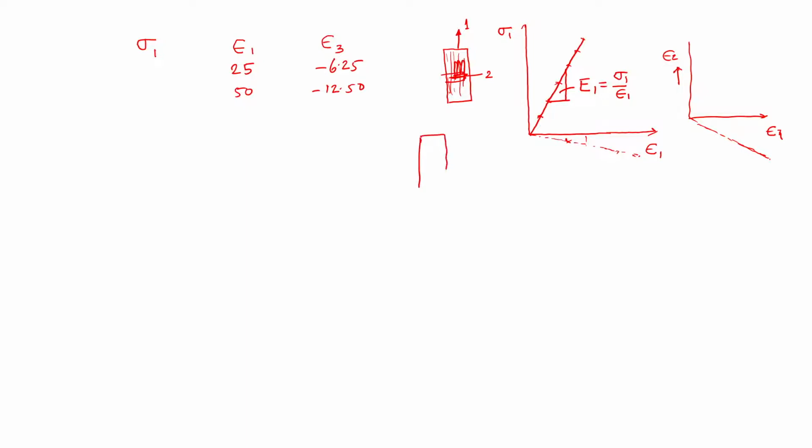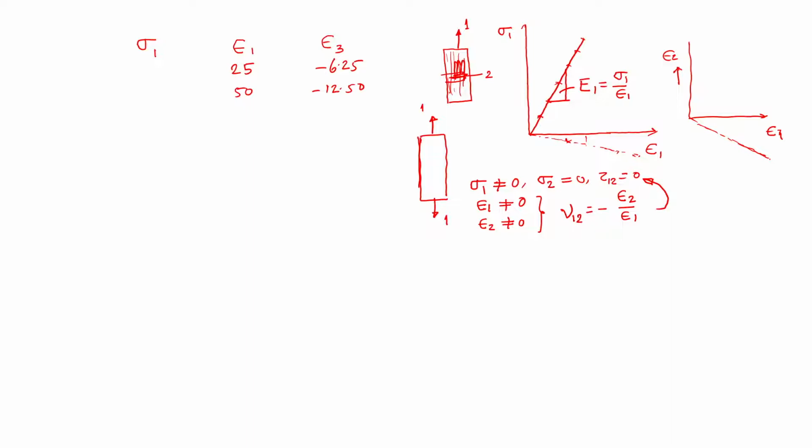You take a specimen and load it along 1, that means you apply only sigma 1, there is no other stress, sigma 2 is 0, there is no shear stress, tau 12 is 0. Then definitely there will be epsilon 1 and there will be epsilon 2 because of Poisson's effect, and the Poisson's ratio nu 12 is defined as the ratio of negative of epsilon 2 by epsilon 1, subjected to this condition. That means only sigma 1 is not equal to 0.